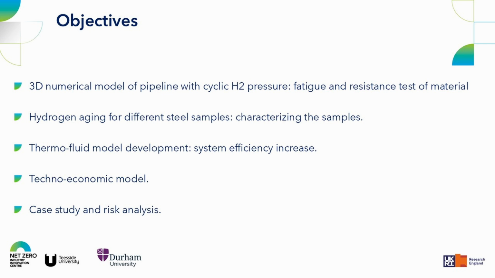So sample tests are very important in this project. Hydrogen is ultimately a very diffusive gas with low molar mass and low density. So we have to be careful about this fact, and we have to analyze the test samples in this project.